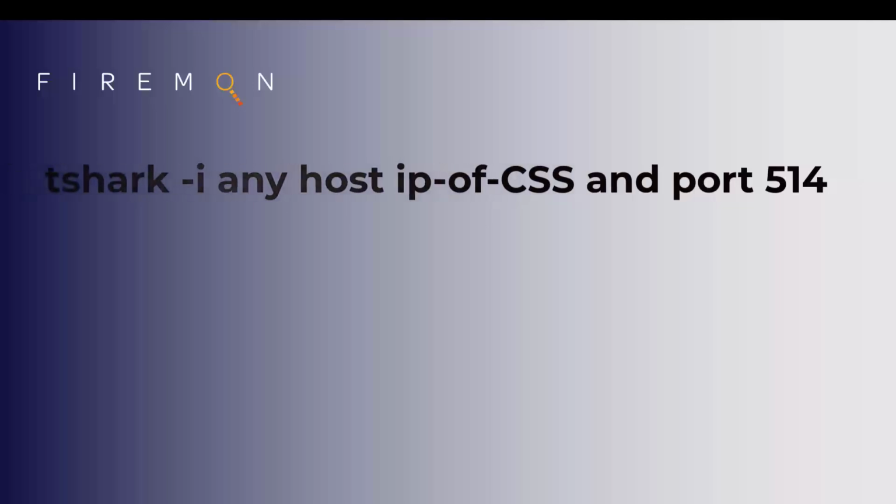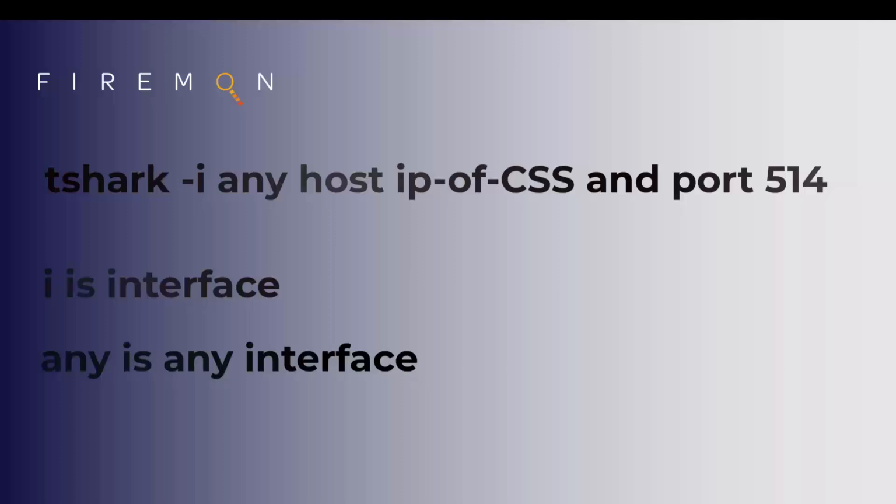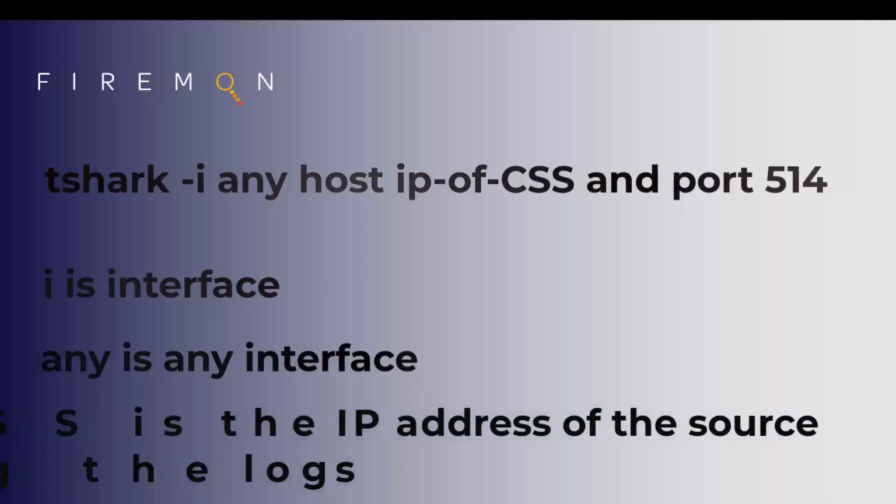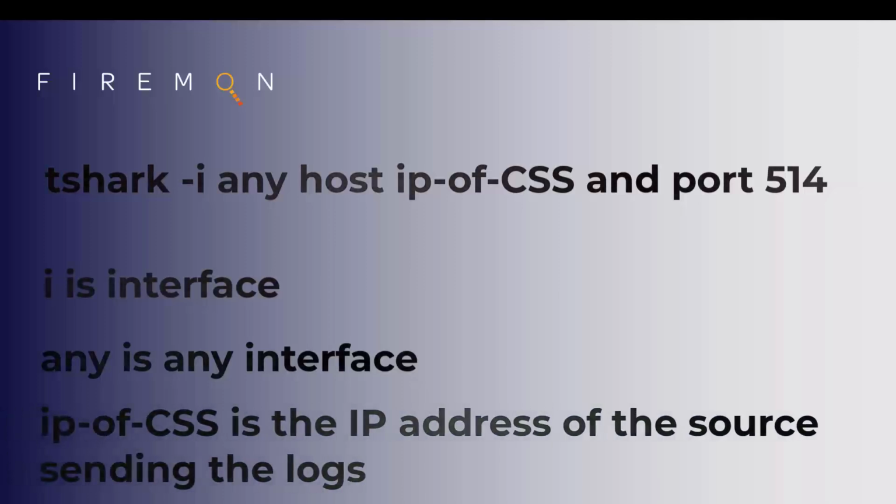That command is tshark -i any host IP of CSS and port 514. Again, i is interface, any is any interface, and IP of CSS is the IP of the central Syslog server you expect to see the traffic arrive from.